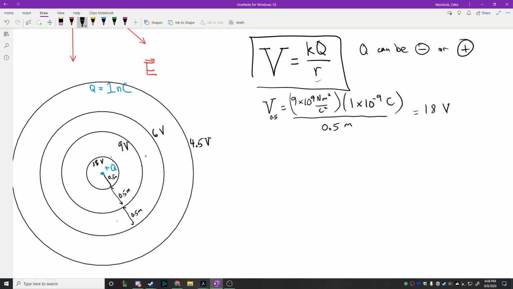In fact, if I wanted to properly draw equipotentials here, what I'd probably need to do is pick a fixed amount by which the potential changes instead of a fixed amount by which the distance changes. Like maybe I want to draw one line for 18 and then the next line for 9, or maybe I make it every 9 volts or something. So I do 18 and then 9. The next one would be 0, so that doesn't work very well.